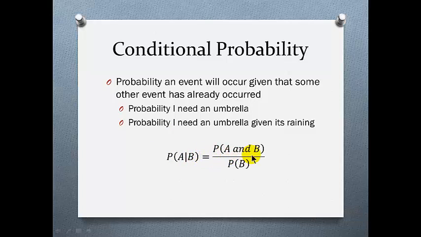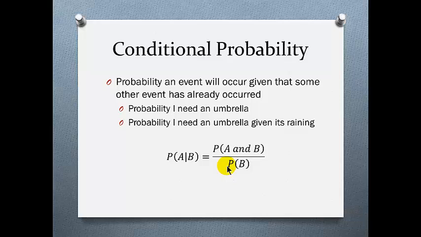The way we calculate that is the probability of both of them divided by the probability of the given information. Notice the second part ended up in the denominator. So the probability I need an umbrella given it's raining is the probability that I need an umbrella and it's raining, divided by the probability that it is actually raining.